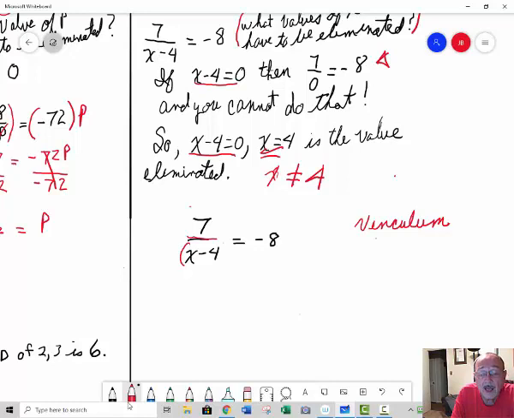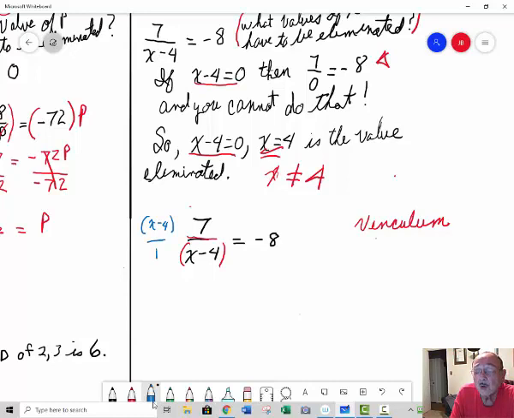It's just like parentheses. And what I can do now is take this equation and multiply both sides of that equation by x minus 4. Remember, that's over 1.